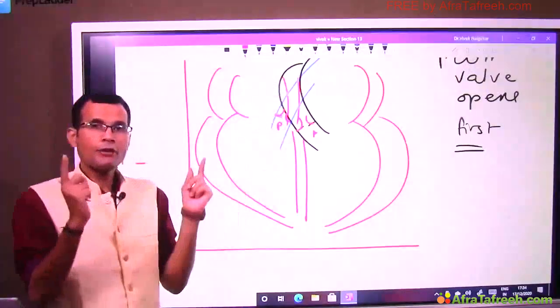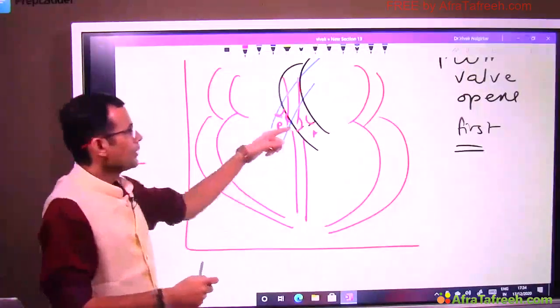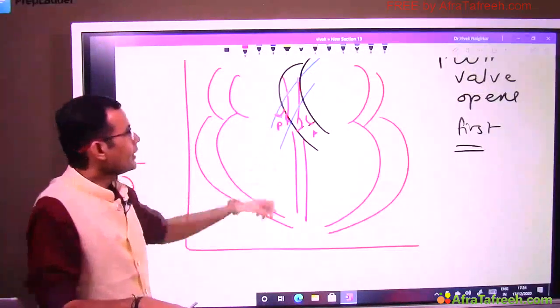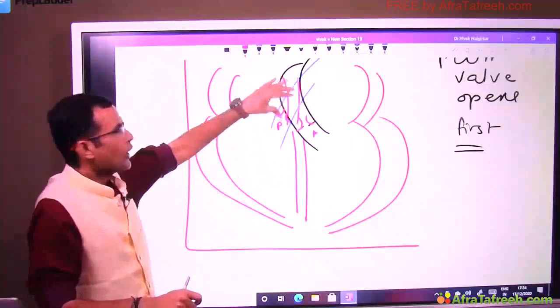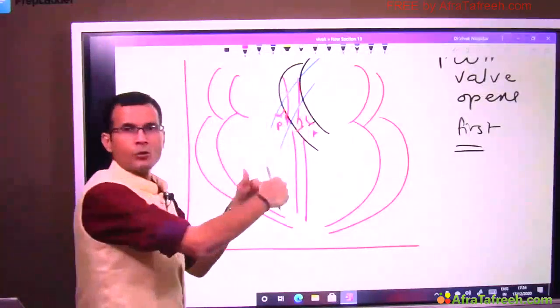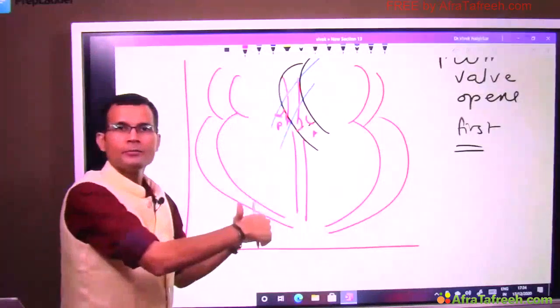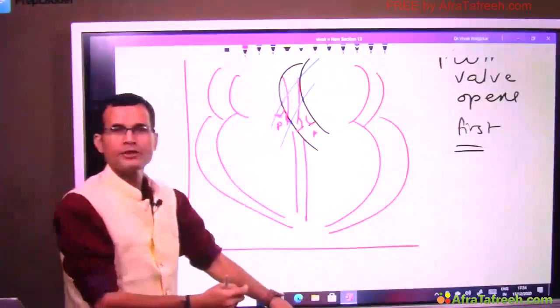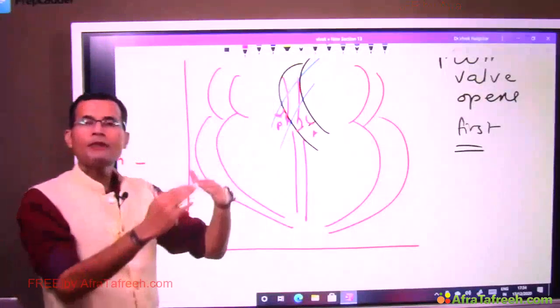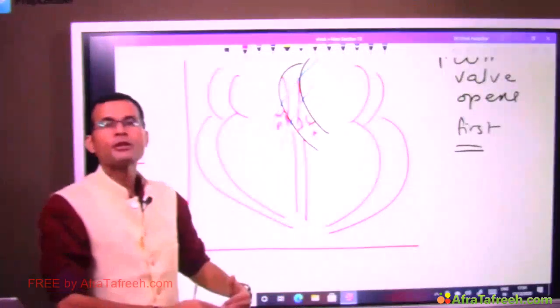Aortic valve will close first and pulmonary valve will close a little later. Why? Because aorta being the high pressure vessel, those valve leaflets, when they are closing, can close rapidly because now the leaflets move in the opposite direction, whereas pulmonary valve will close a little slowly.